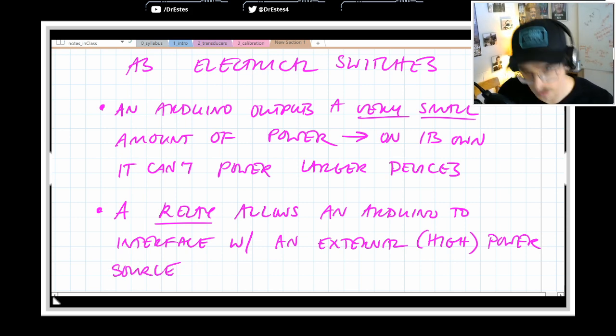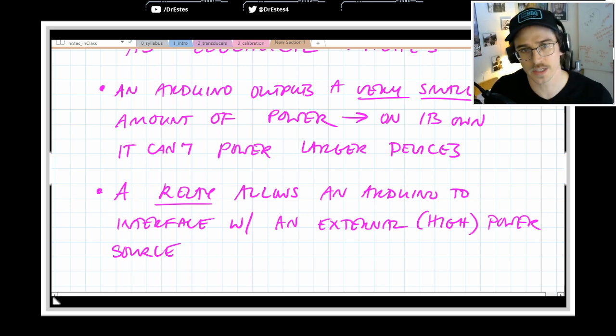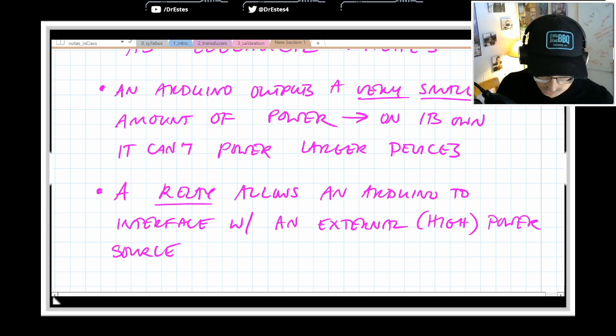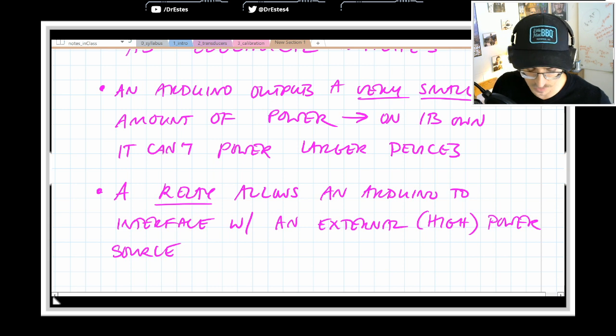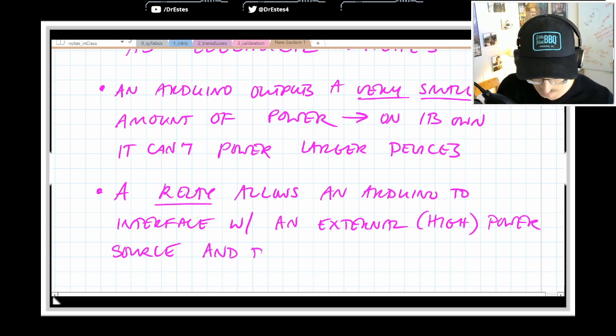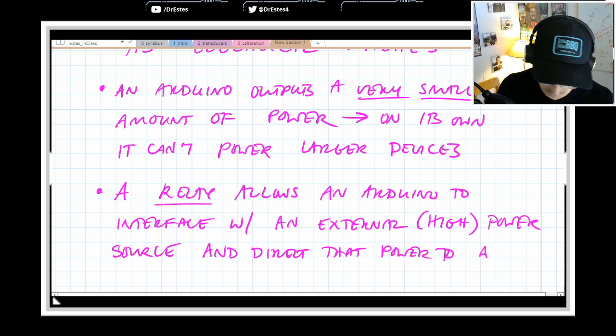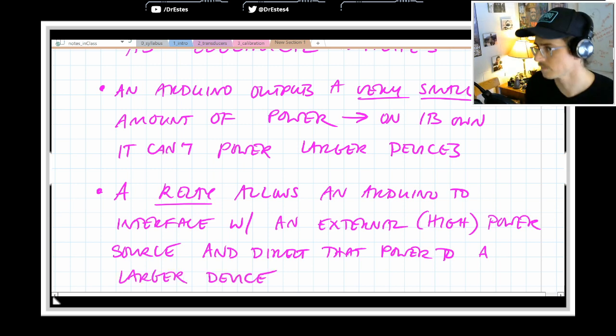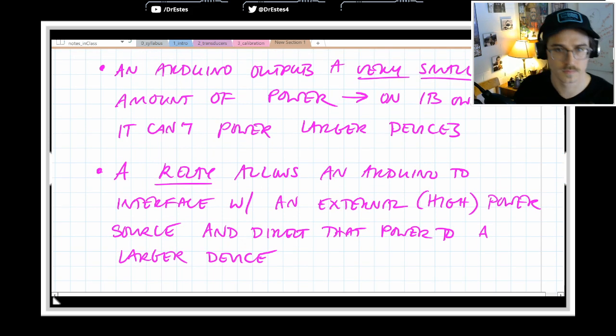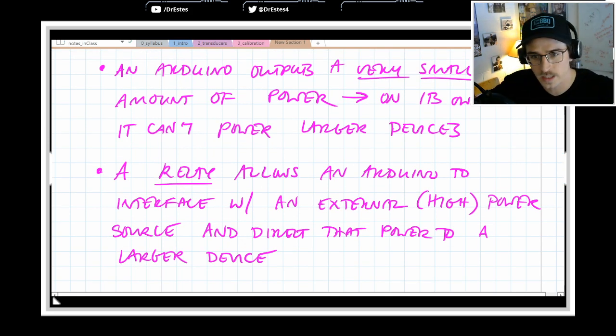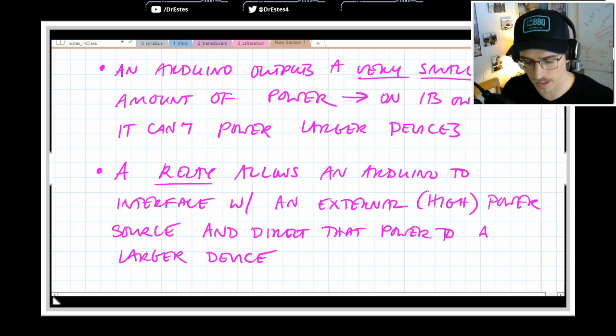It doesn't have to be a ton, but something that is more power than an Arduino. A relay allows an Arduino to interface with an external power source and direct that power to a larger device. All right. So a relay is kind of the interface between the Arduino and a higher power circuit.